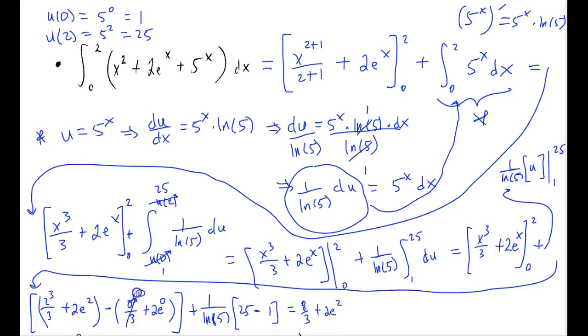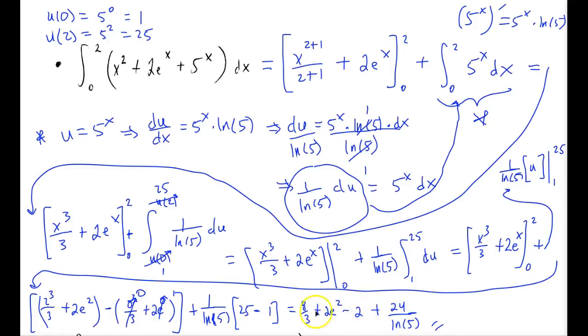Now this is just 0. And we know that e raised to the 0 is just 1. So we have minus 2 there. And then I have plus 25 minus 1 is 24 over natural log of 5. And of course, this would be our exact answer.